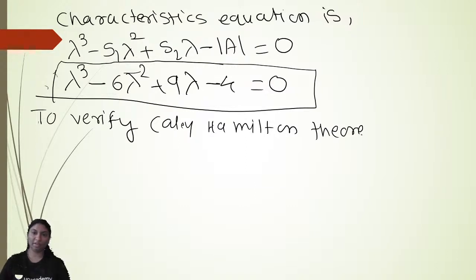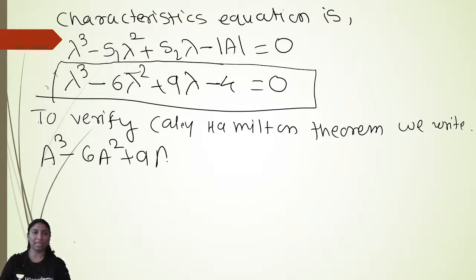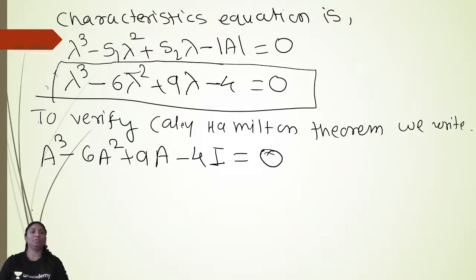To verify Cayley-Hamilton theorem, we write this characteristic equation: A cube minus 6A square plus 9A minus 4I, which is identity matrix, is equal to 0. Okay. If we are getting the right hand side equal to 0, then definitely that square matrix satisfies its own characteristic polynomial. Okay. So A is given.